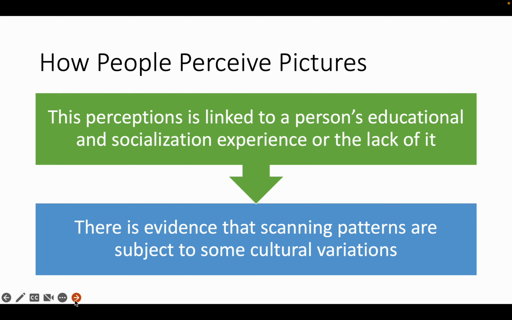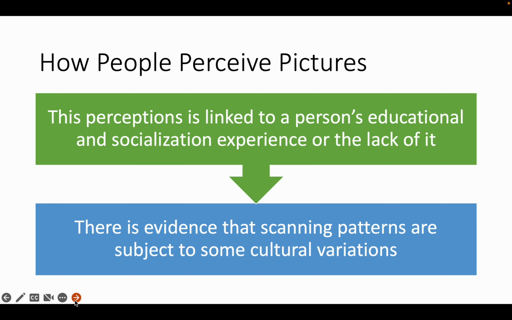What they found was that with few exceptions, the subjects were able to identify the animals, but only after some time and with some obvious mental effort. So this leads us to say that our perception, especially of pictures, is linked to our educational and socialization experience, or the lack thereof.